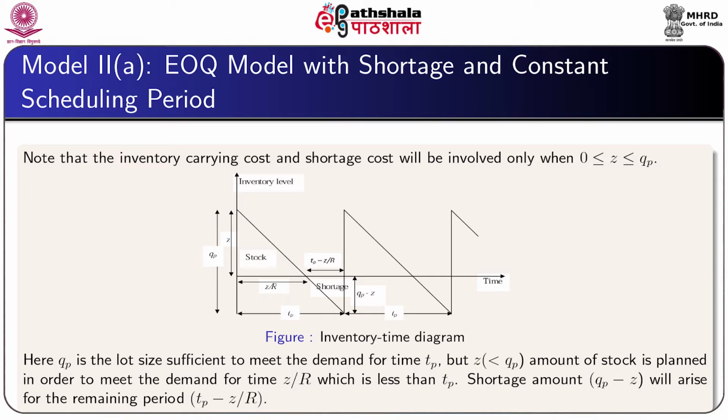Observe that the inventory carrying cost as well as the shortage cost will be involved only when Z is less than or equal to Qp.